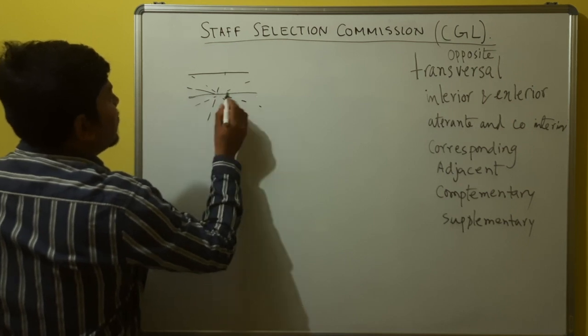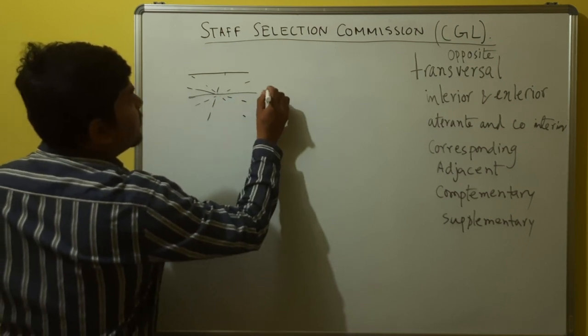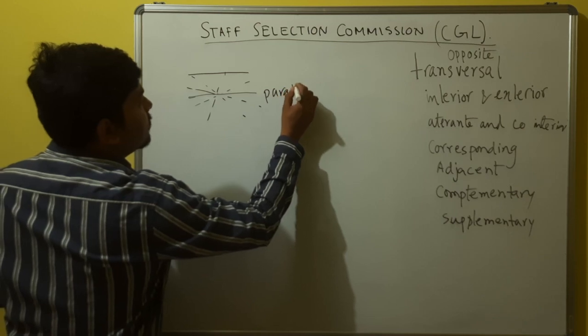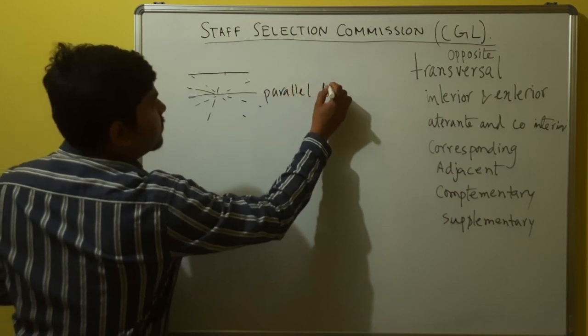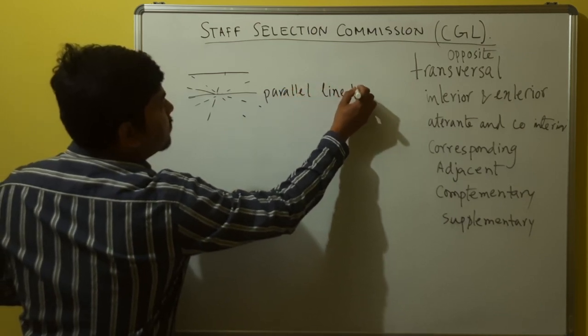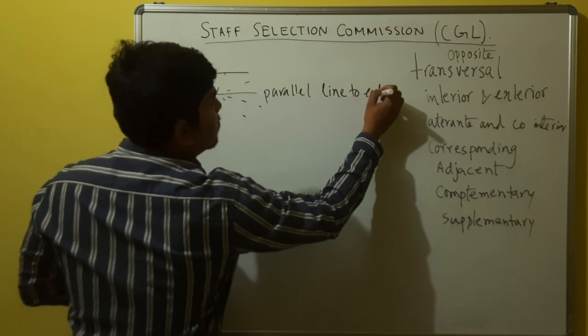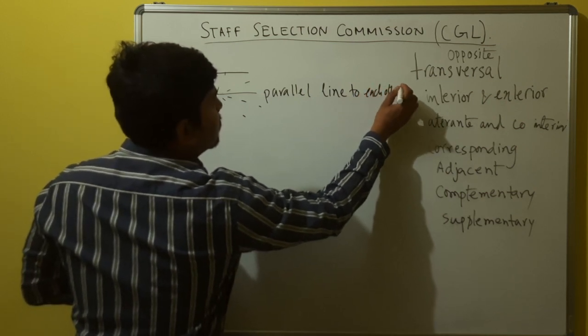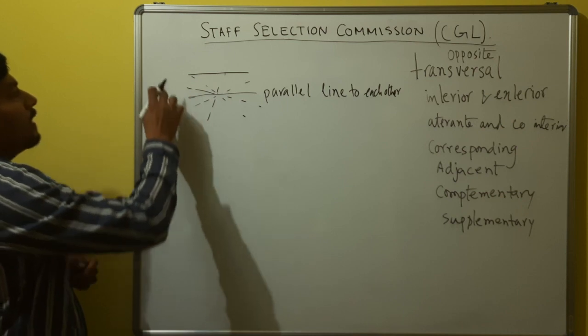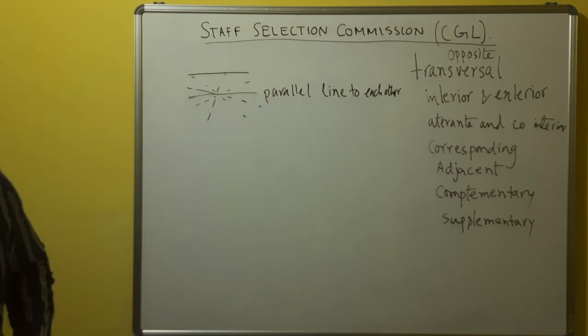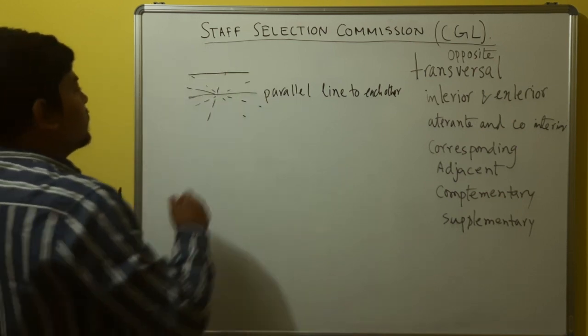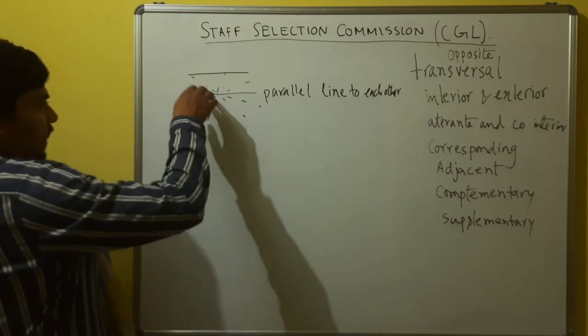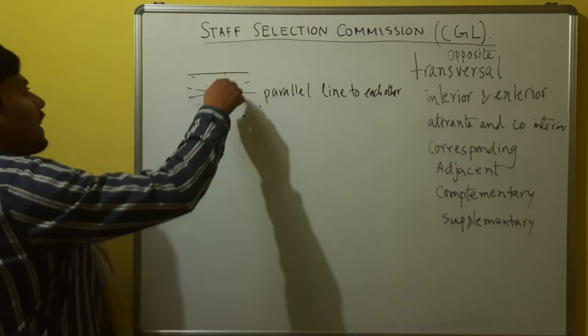So this particular line is called a parallel line to each other. These two lines are parallel lines. You got the idea of parallel lines, right? Let's say one line is there, there is another point which is not on this line.